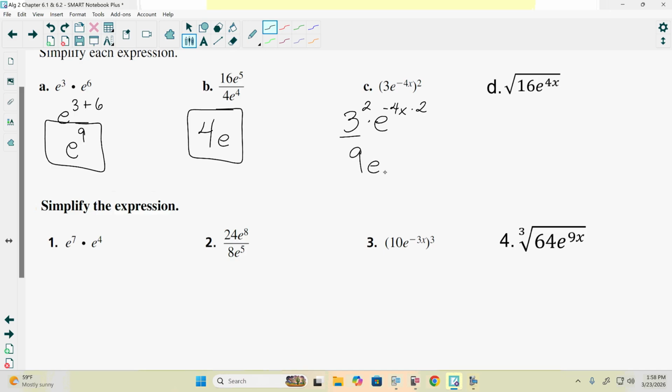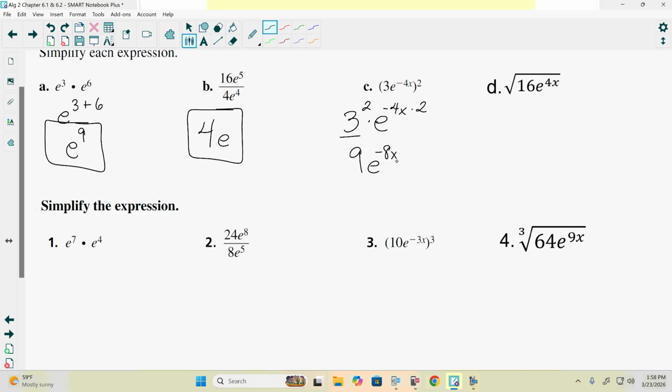E. So we have to multiply the negative 4x and 2. Negative 4 times 2 is? Negative 8. We are still multiplying it with the x, but it really doesn't have anything that's affecting that product, so it's still just going to sit right there. Questions on how we got 9e to the negative 8x?